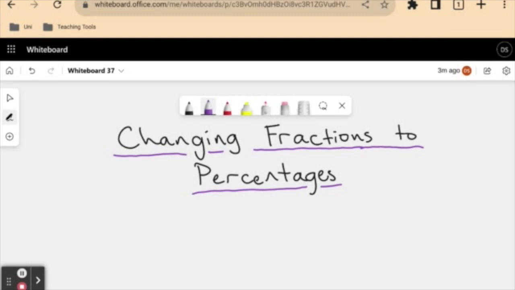Now, it often helps, before we even go into this, as I said in the last video, to think of a percentage as a type of fraction. Because percentages are their own thing when they're shown as, for example, 62%.